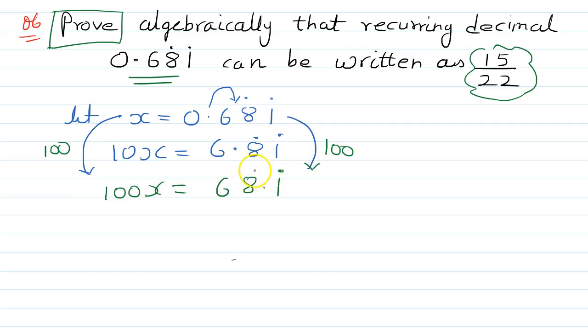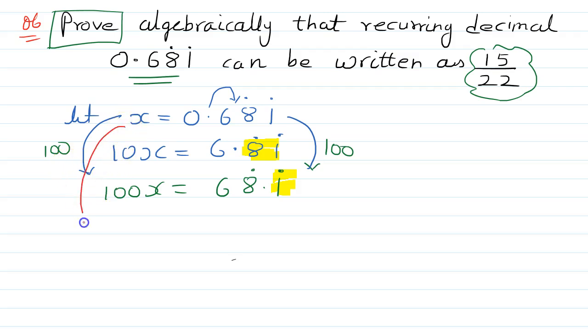If you see here, after the 8 recurring there is a decimal point, so it is not matching. I can put it in yellow color here. It is 0.81 and it is 0.81. After the decimal they are not matching, so it means we are going for 1000 now.